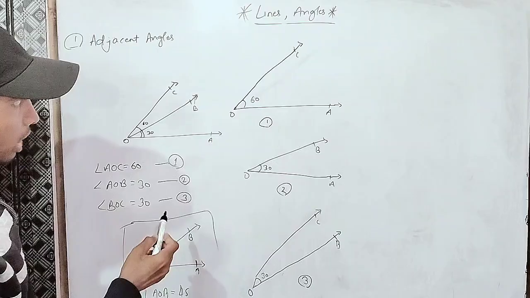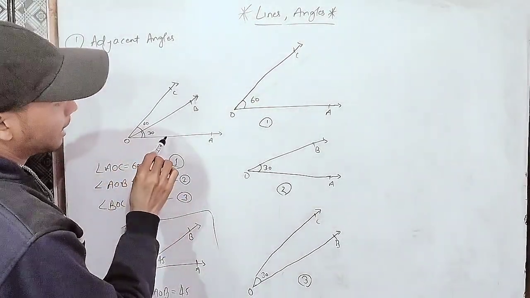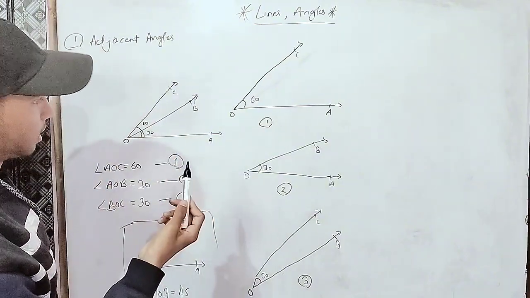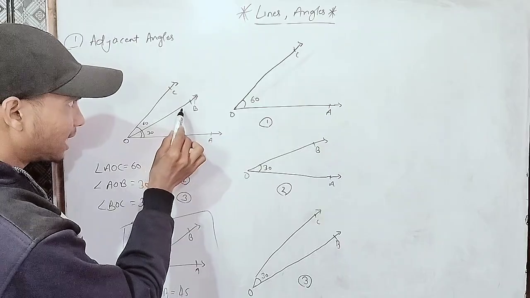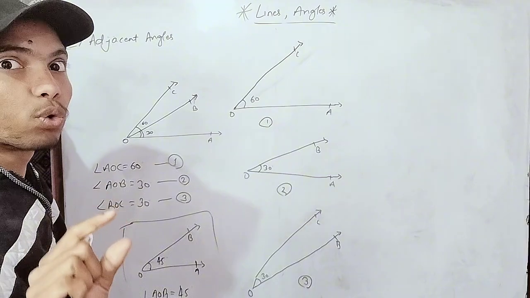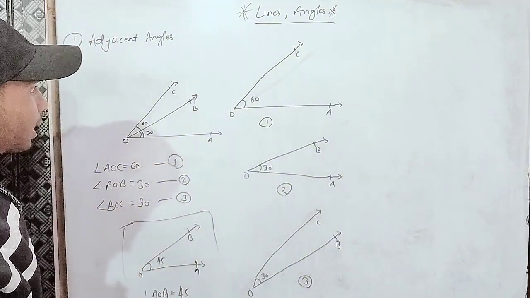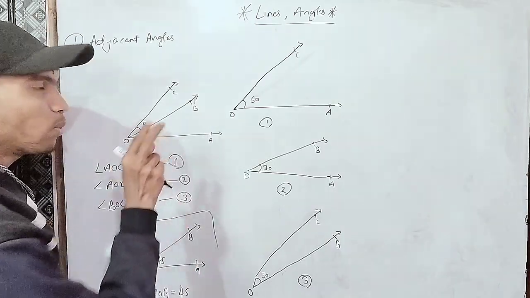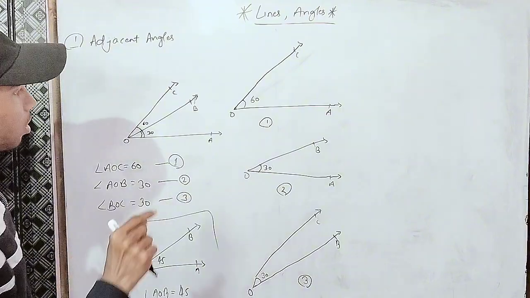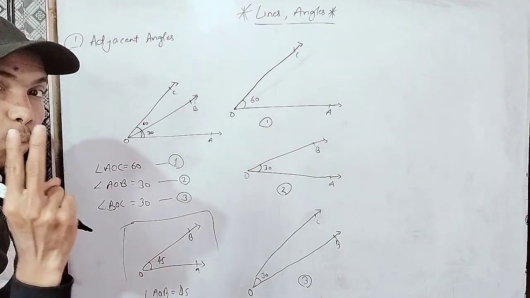Here, try to understand. In the case of this figure, this ray will be known as adjacent. But this ray line will be known as the common arm. Otherwise, you can say common ray line, because here we have two ray lines. First of all, we look at which two ray lines.